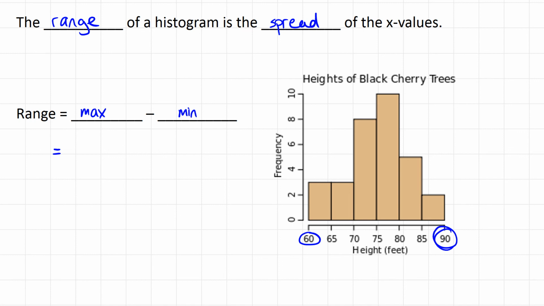But I'll show you how we would calculate that value. We could do 90 feet minus 60 feet, which is equal to 30 feet. And so if you have a bigger spread or not as convenient numbers, you can do that with subtraction instead of just seeing it and eyeballing the range.